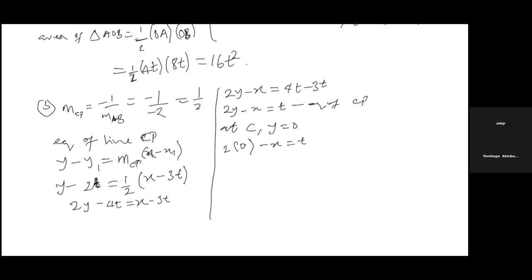So x equals minus t, which implies that C is minus t, comma 0. Minus t, comma 0.